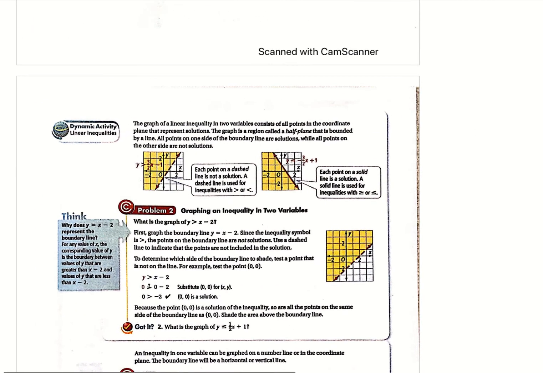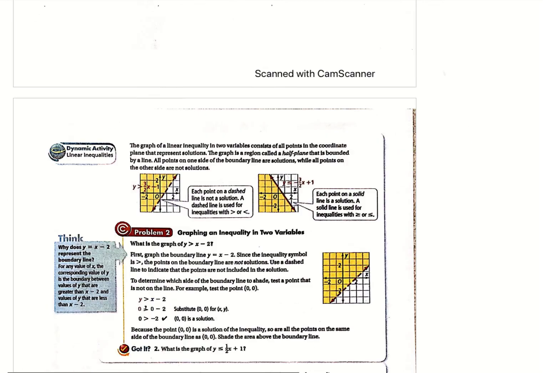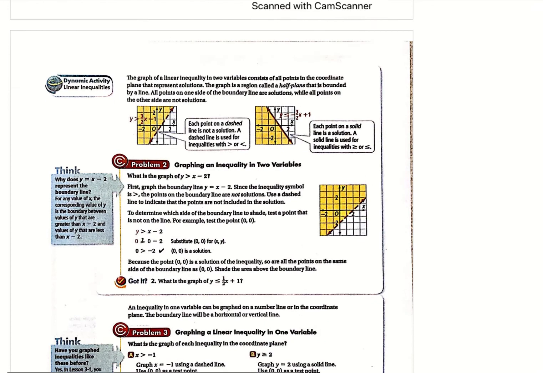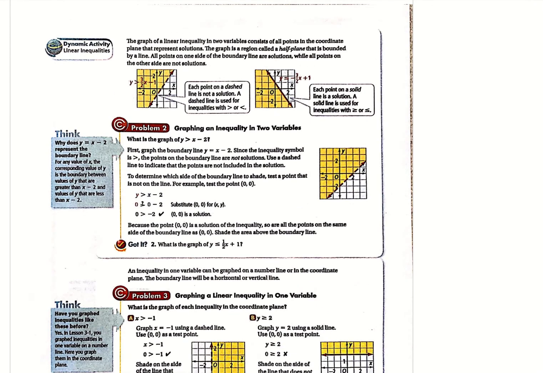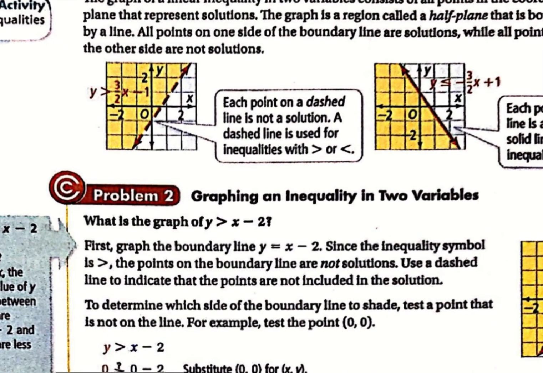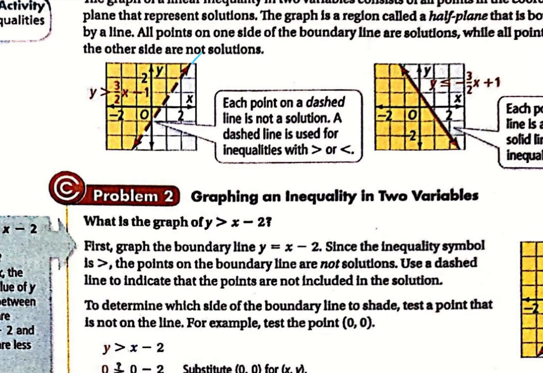As we get into graphing, this is here on page 395 for us. As we get into graphing these, you'll see for the graphs, like this one, we've got our line that we're graphing, and then we've got a shaded region versus a not shaded region over here.